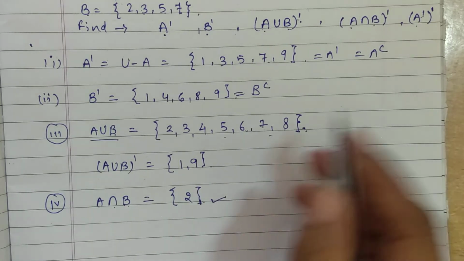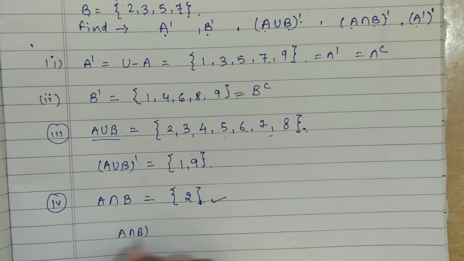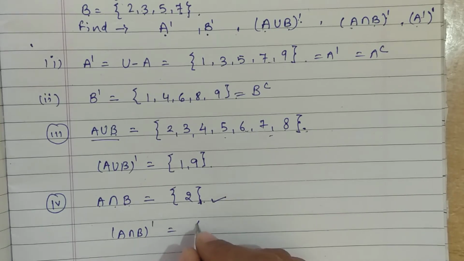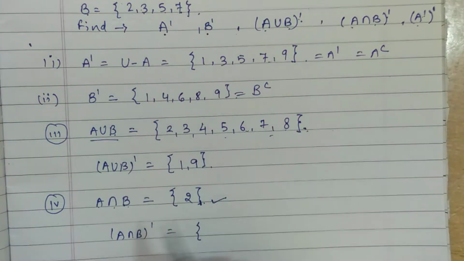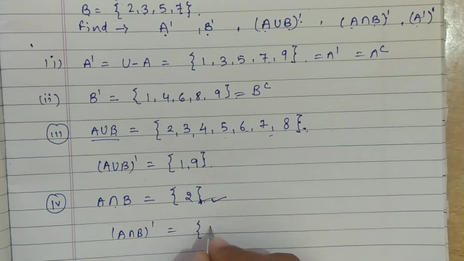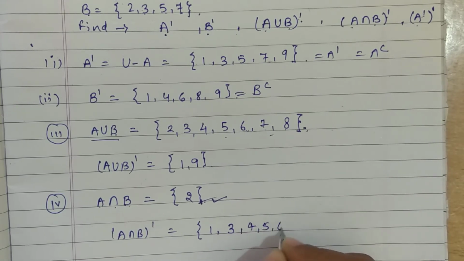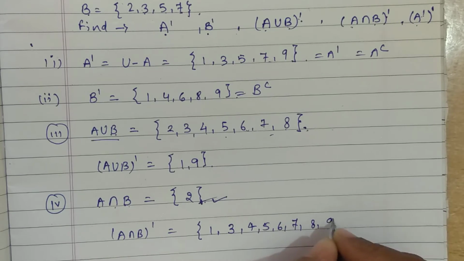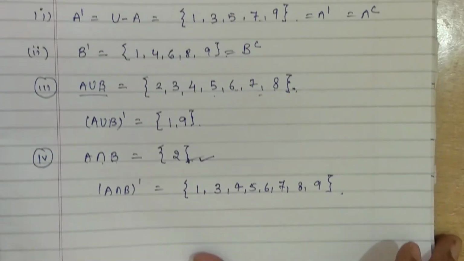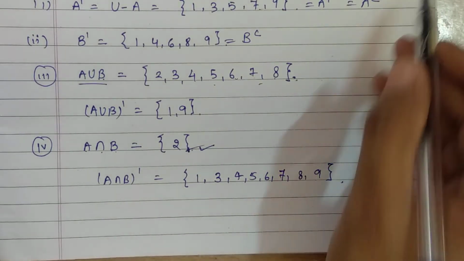So what is the complement of A intersection B? It means we have to subtract it from U. So except 2, all the elements belong to A intersection B complement.